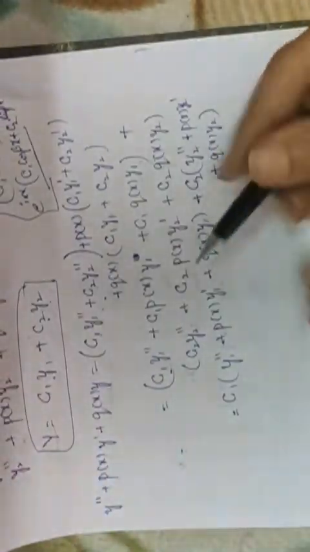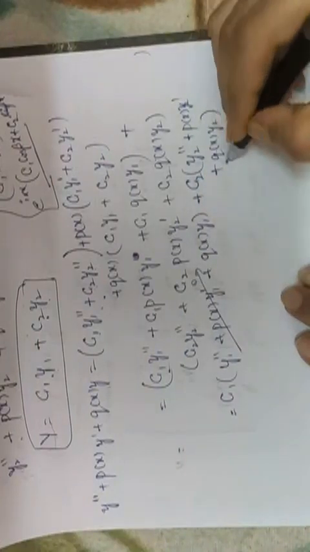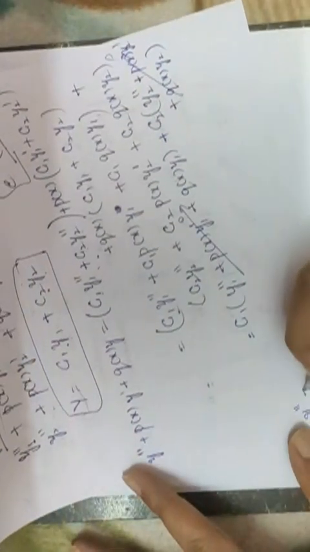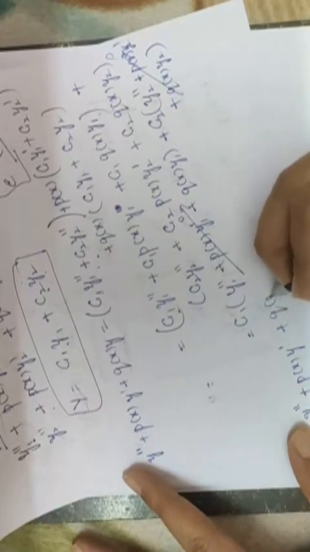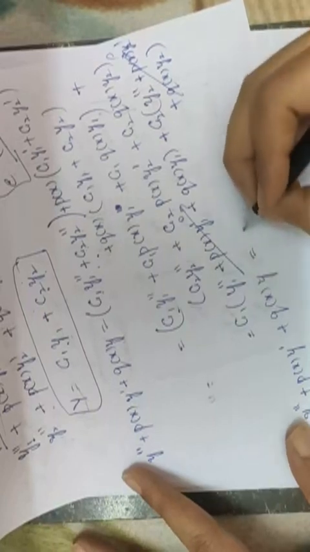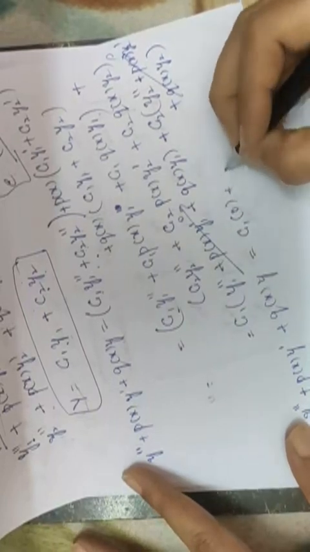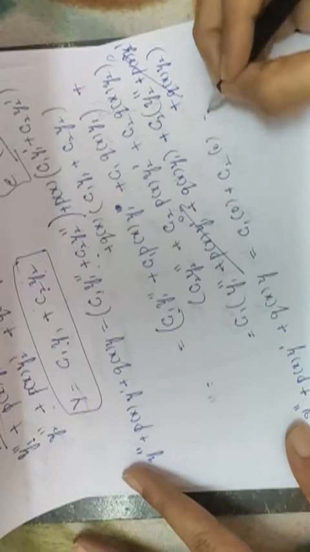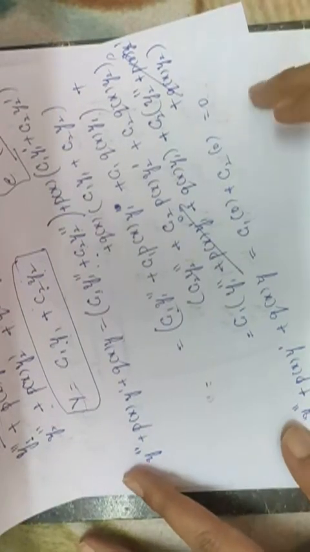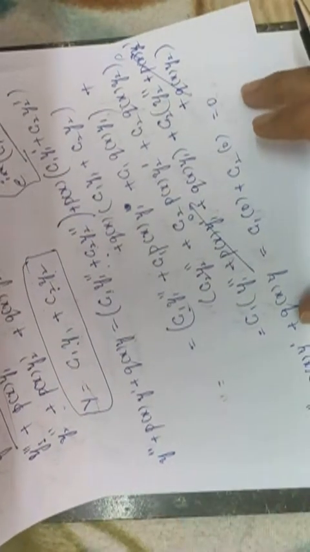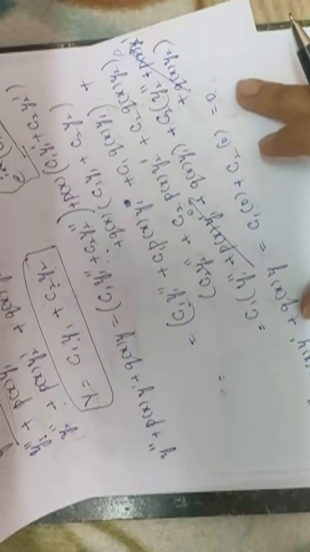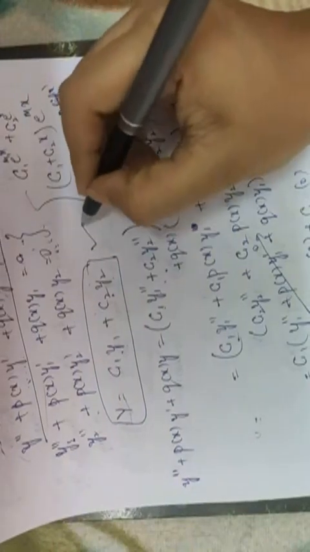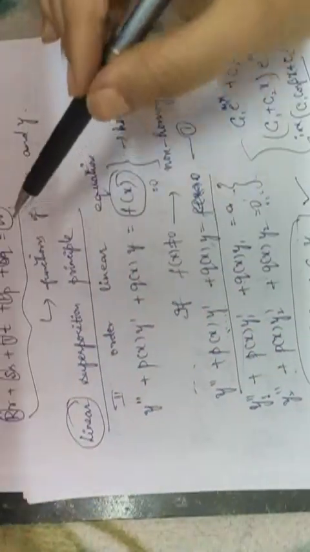If you substitute here, this whole term will be 0 and this whole term will be 0. So I can write y double dash plus p of x into y dash plus q of x into y is equal to c1 of 0 plus c2 of 0, that is nothing but 0. So this particular form tells you that y is a solution of your equation 1.